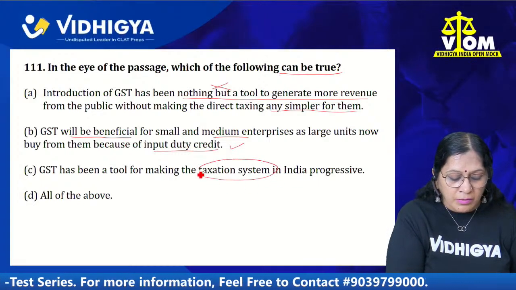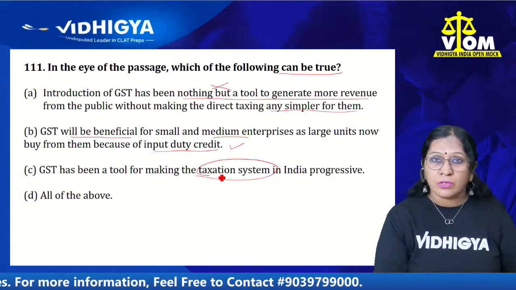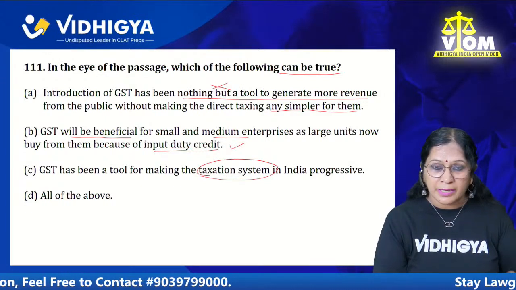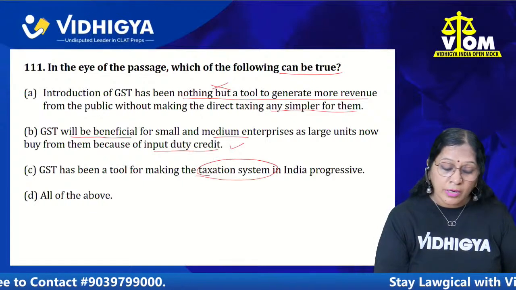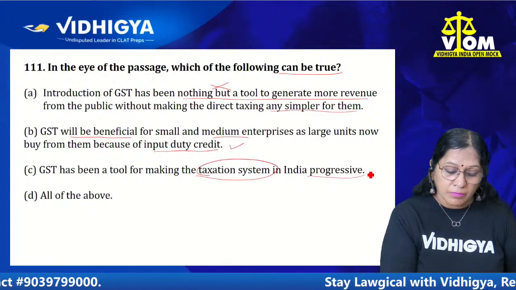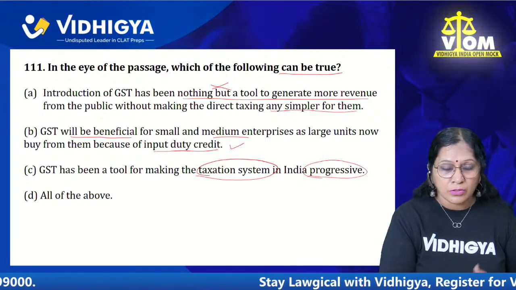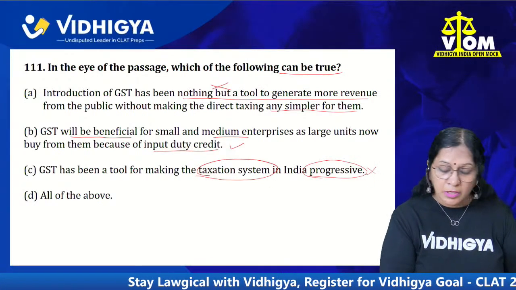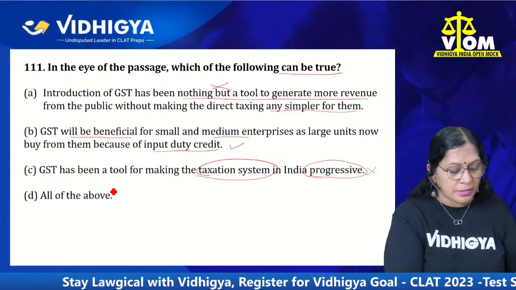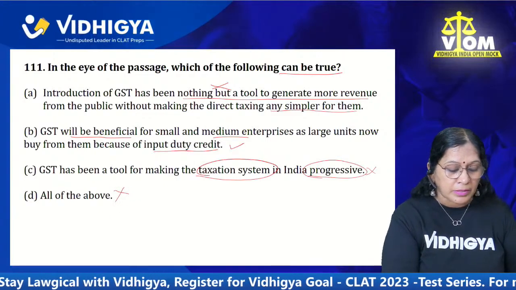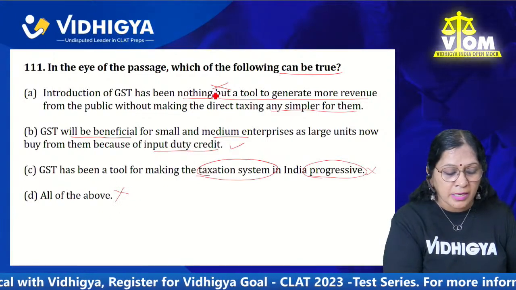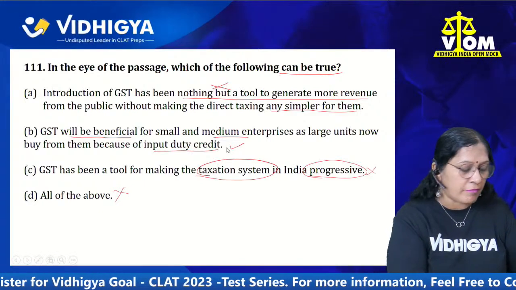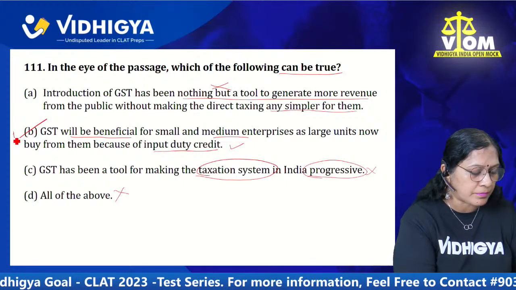But were we talking about the taxation system on the whole? Or here we are concerned with the GST part only, the direct indirect taxes, or the complete system? Right? So this is a very broad term. So this is eliminated, the C option. Because C is eliminated, we rule out D also. Now A and B, A comes up with a little negative connotation. So A is removed and we have B as the answer.